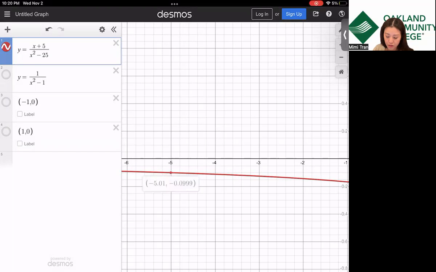At -5, of course, it's undefined, right? But if you approach it from the right, it's about -0.1, which is roughly -1 over 10, right? And then to the left, same thing, -0.09999 something, right? So it proves that you got the right answer.